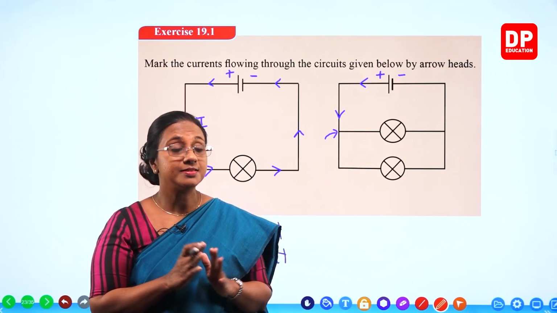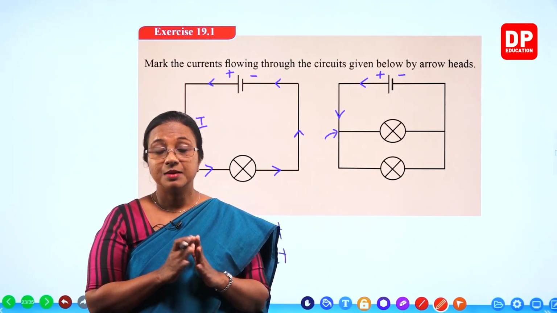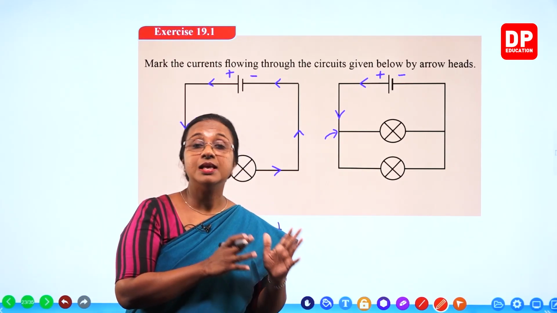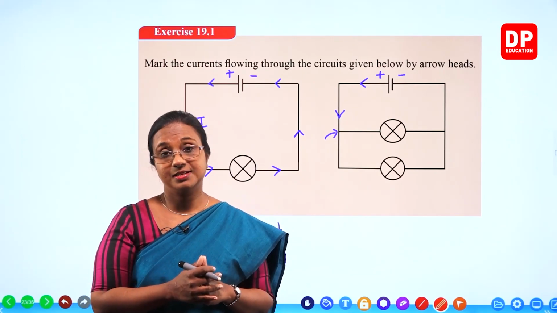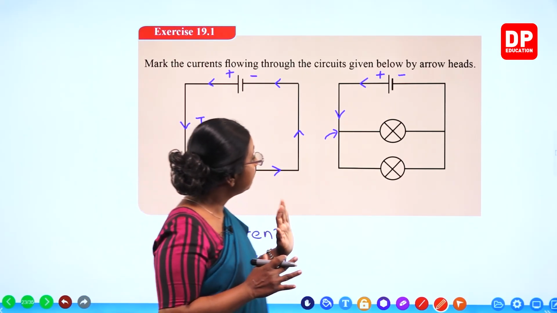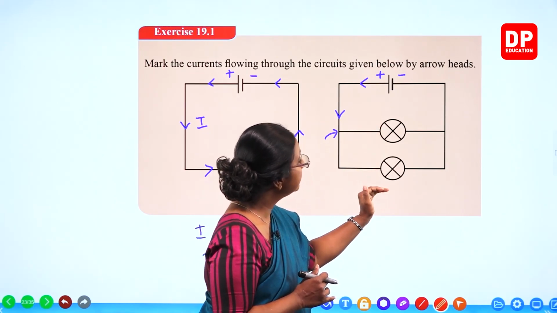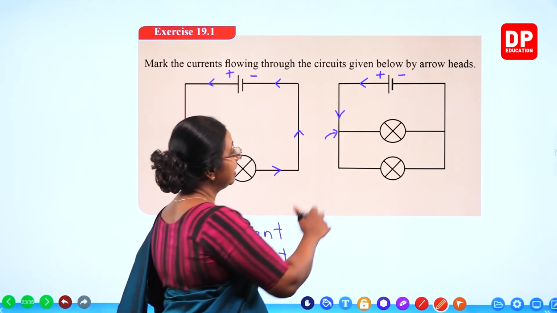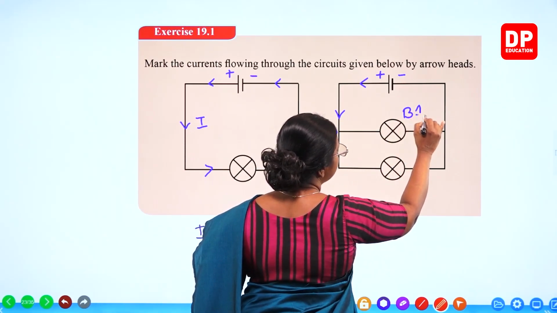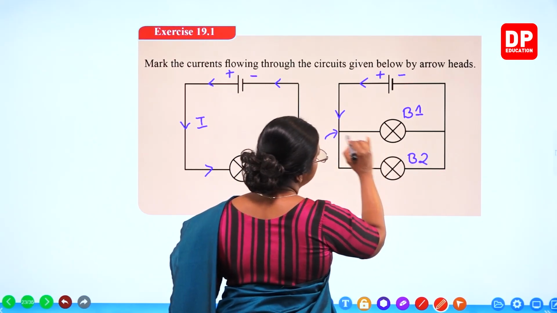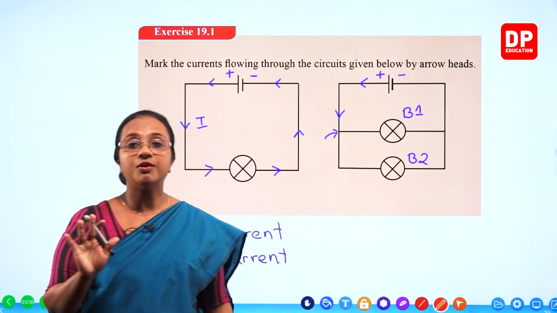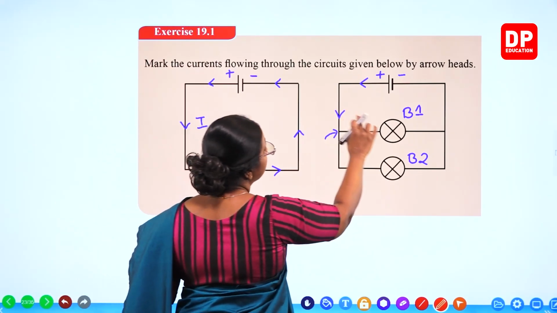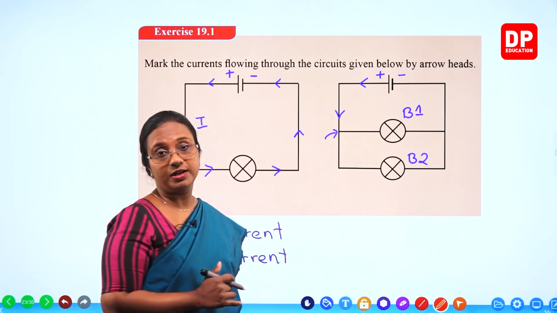Now we have not discussed resistance as yet, but you have to remember, students, current prefers to flow through a path that has less resistance. So if we assume that both these paths, B1 and B2, have equal resistance, then of course current will divide equally.